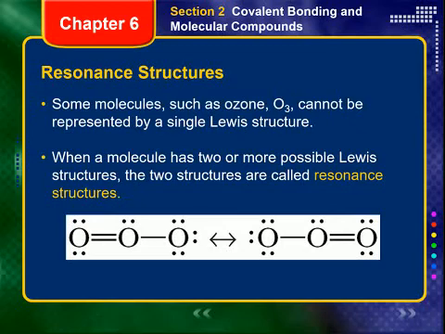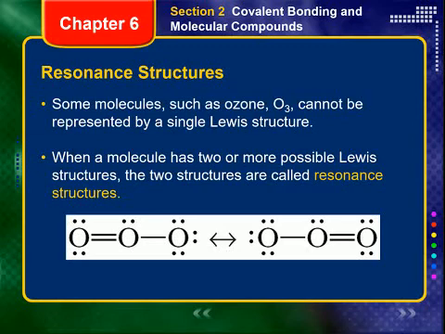Resonance structures. Some molecules and ions cannot be represented adequately by a single Lewis structure. One such molecule is ozone, O3, which can be represented by either of the following Lewis structures.